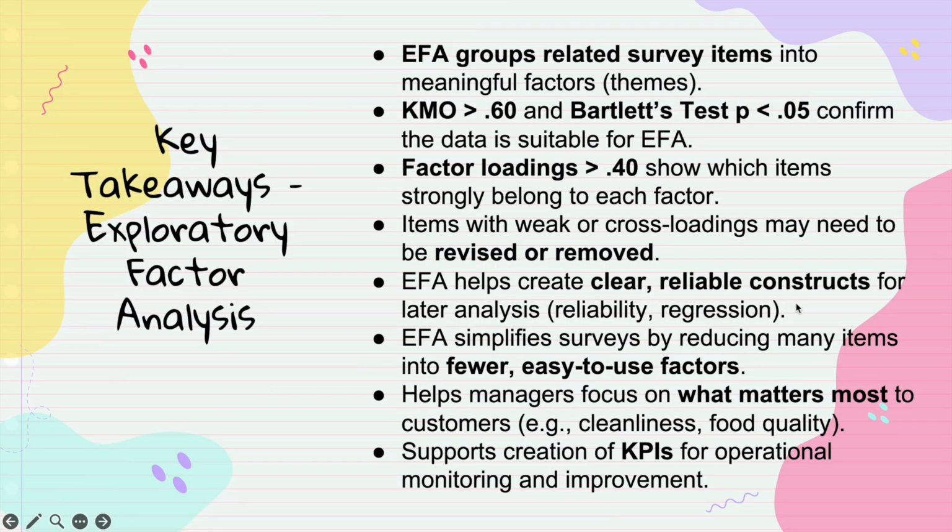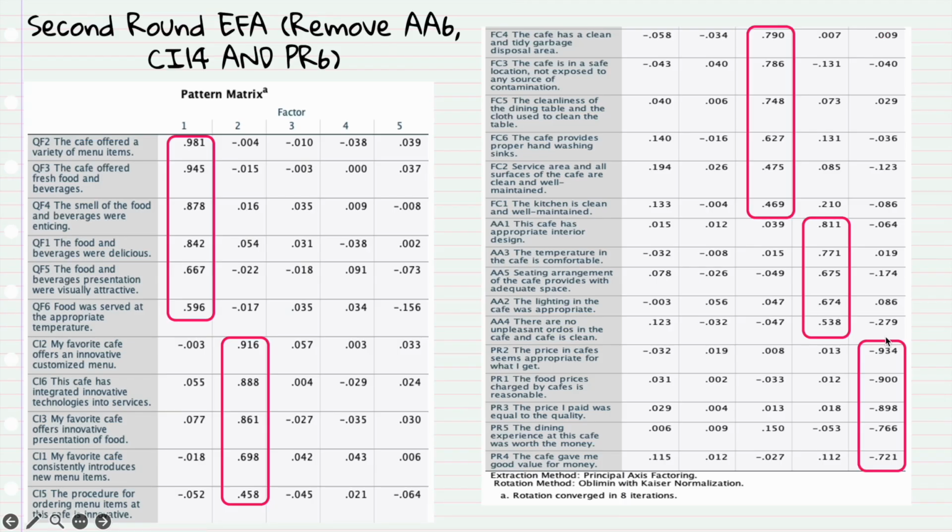For price perception, negative signs do not matter because factor direction can flip. What matters is that items form a very strong unified factor. This is the kind of clean factor solution we want. Each factor makes theoretical sense and shows strong mathematical support.